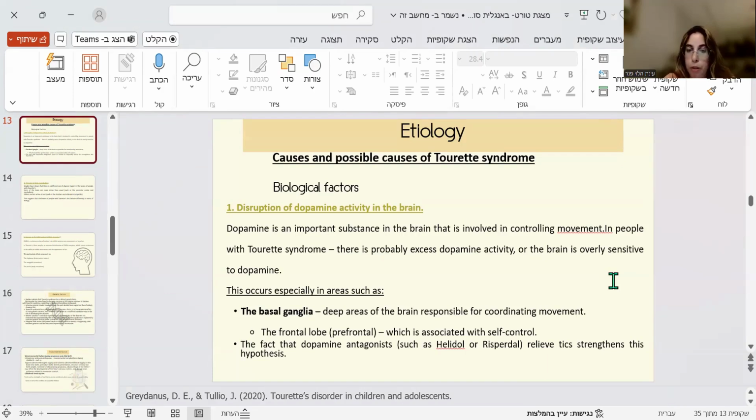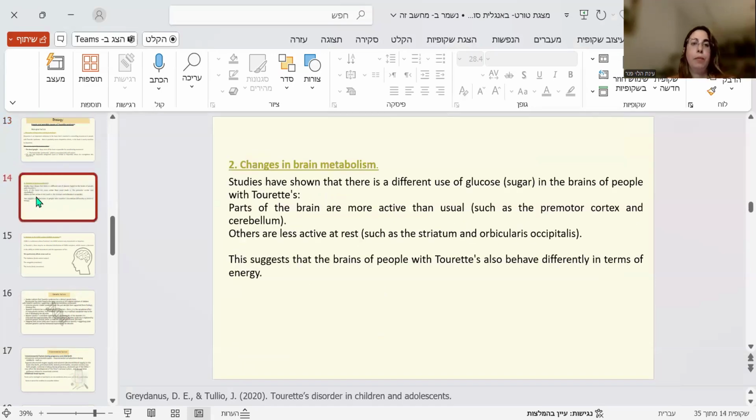The prefrontal frontal lobe is associated with self-control. The fact that dopamine antagonists such as Haldol or Risperdal relieve tics strengthens this hypothesis. Change in brain metabolism: studies have shown that there is a different use of glucose in the brain of people with Tourette.